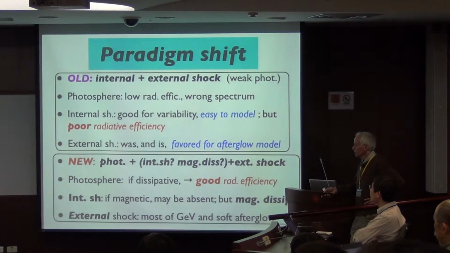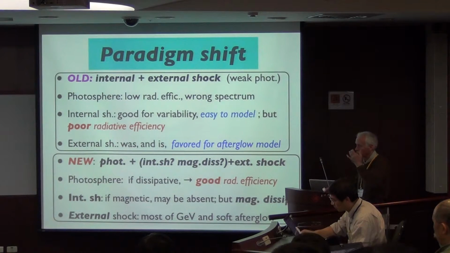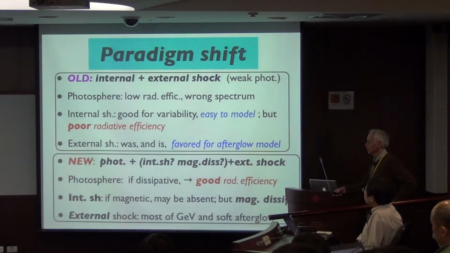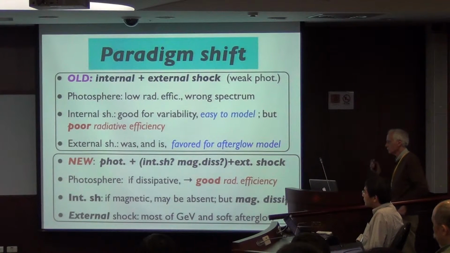And so to emphasize more the photosphere, you have to argue that the internal shocks are weak. Of course, the radiative efficiency always was weak, but you can make them even weaker if you argue that maybe magnetic fields are important, then the Alfvén speed is large, and the relative velocities are always low.